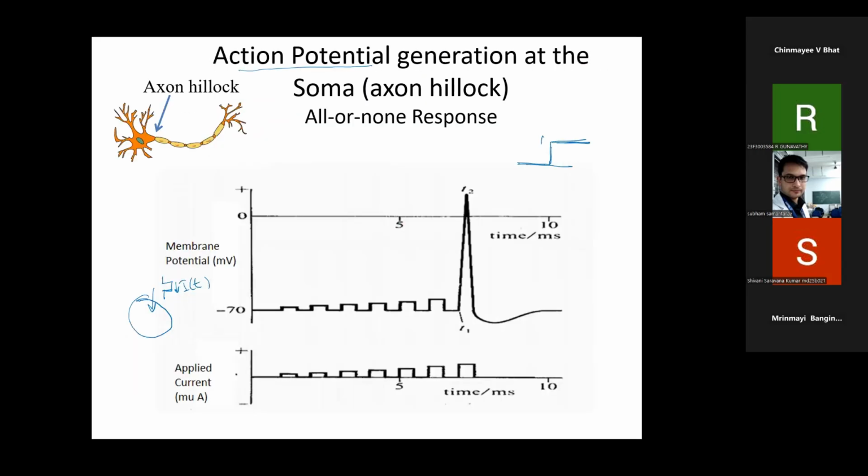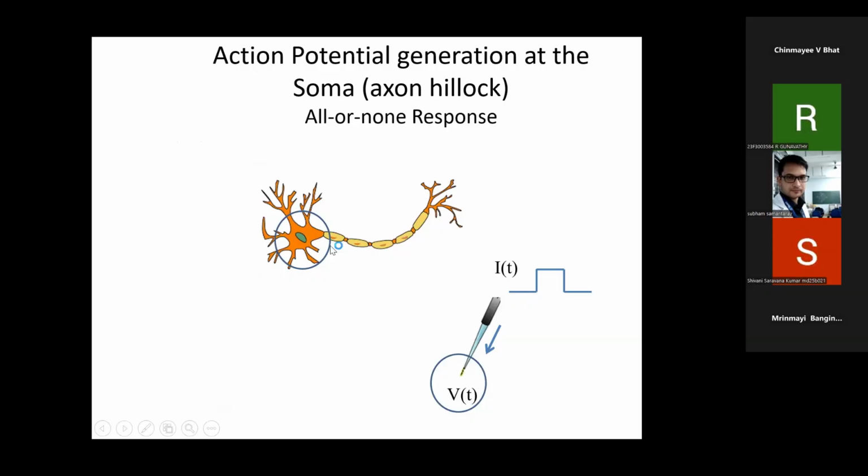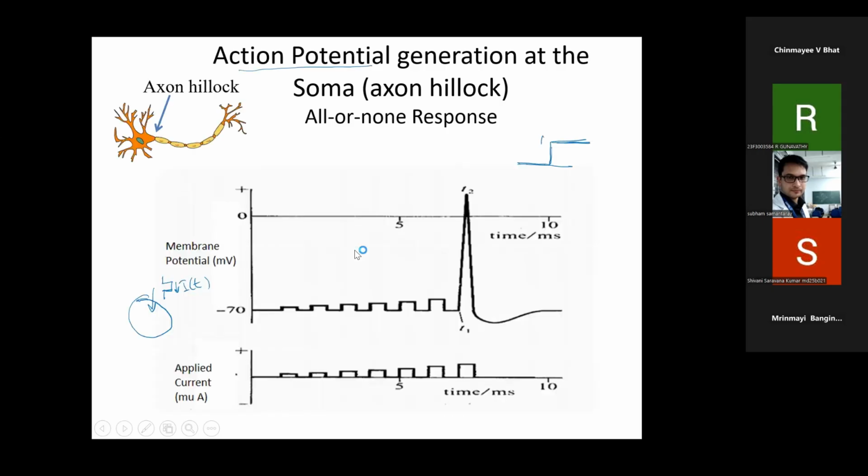Okay, so the lossy signals from the dendrite get added up in the soma, and there in the soma, the action potential is generated. And once it is generated, it nicely marches along the cable without losing amplitude. And the way the action potential is generated is in the soma, or specifically this part of the soma called the axon hillock. So what happens there is, if I inject some current into the axon hillock or into the soma, right?